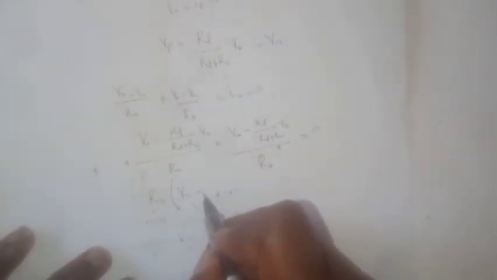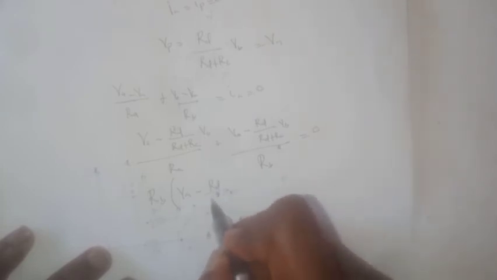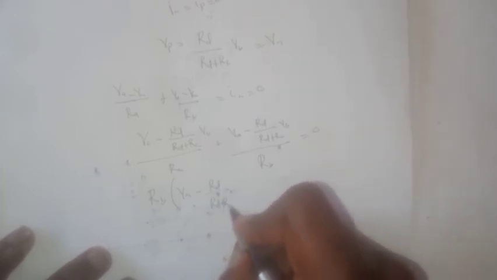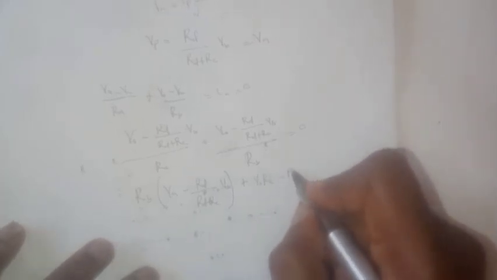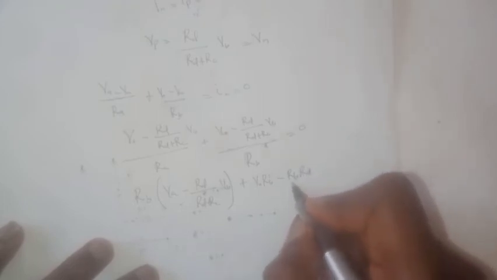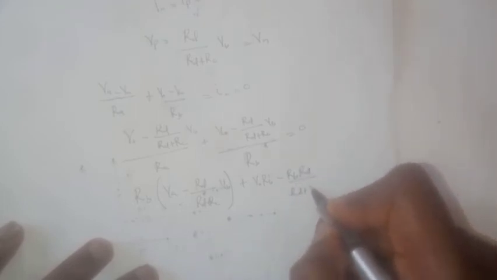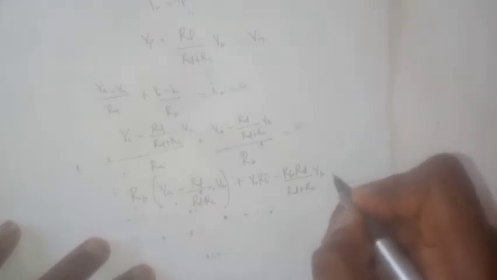We can multiply through by RA RB, and we would have it that RB into VA minus RD over RD plus RC Vb, plus V naught RA minus RA RD over RD plus RC Vb equals 0.